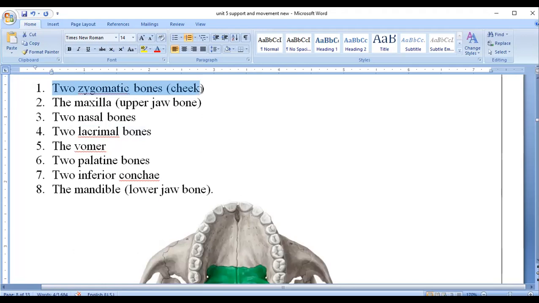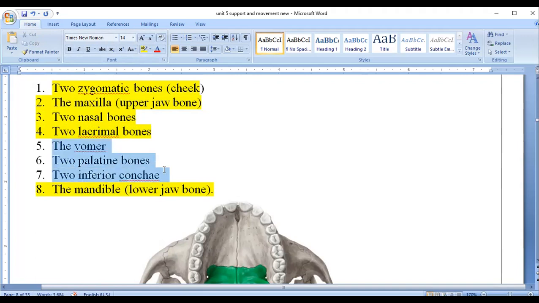I have introduced you this bone, this one also, this is also introduced. Name wise, I have introduced you five types of bones: zygomatic bone, maxillae, mandible, nasal bone, and the lacrimal bone.